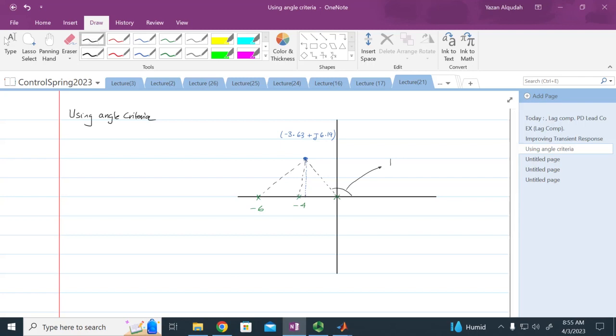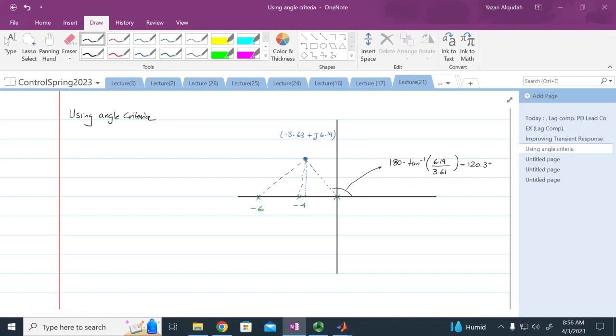Okay. So this is going to be 180 minus tangent inverse of 6.19 divided by 3.63. And this is going to give me 120.3 degrees. So the angle it makes with the first pole is 120 degrees.